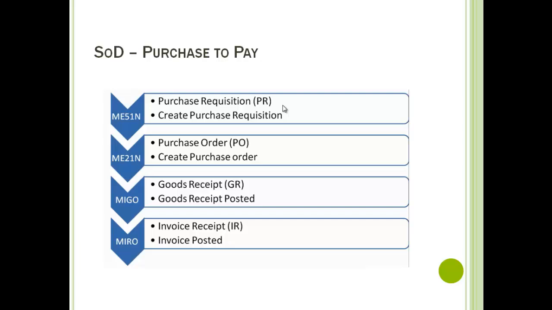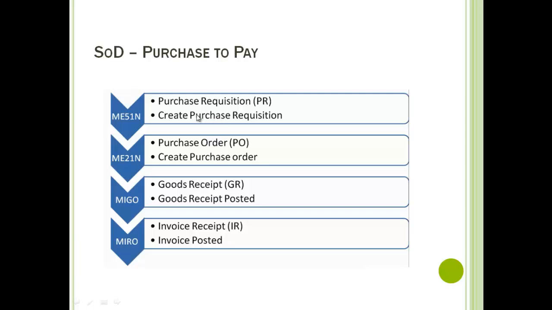Then this purchase request goes to a purchase manager. The person who is creating the purchase requisition is different, and the person who is converting this purchase requisition into a purchase order is different. So you need to have two persons, not one person. The person who has the authorization for ME51 in our case should not have authorization for ME21.